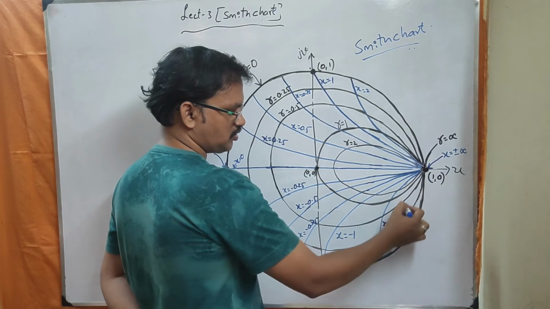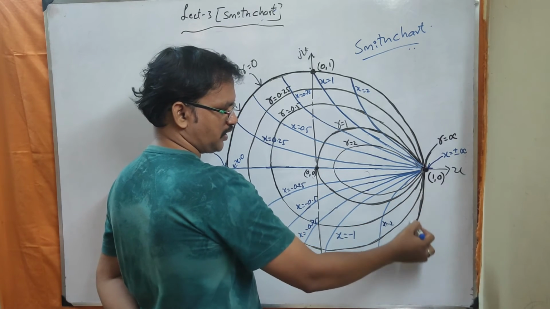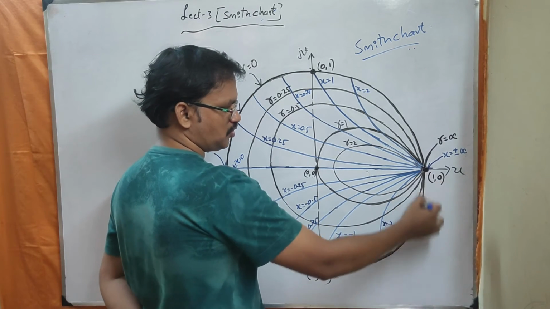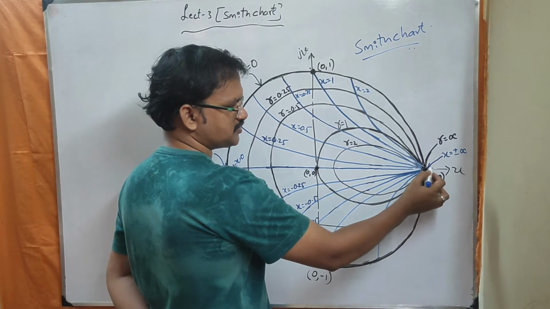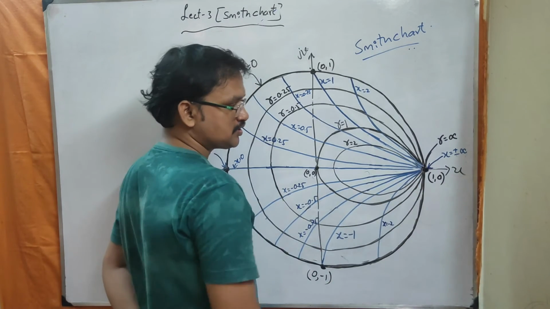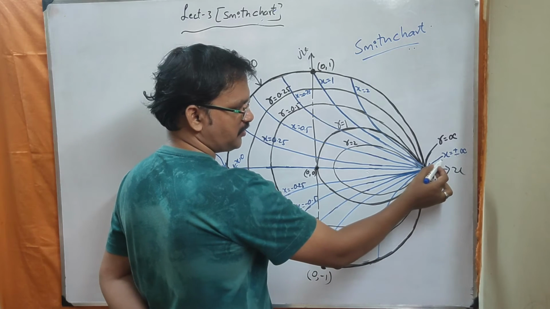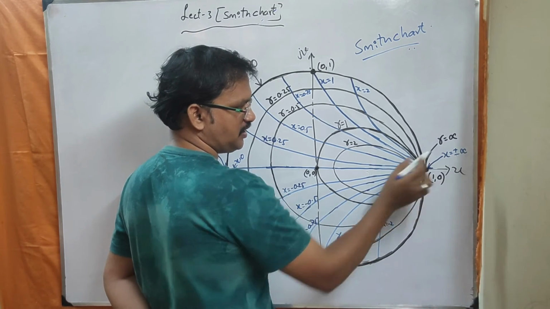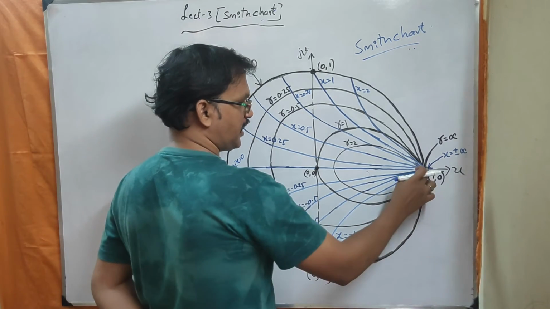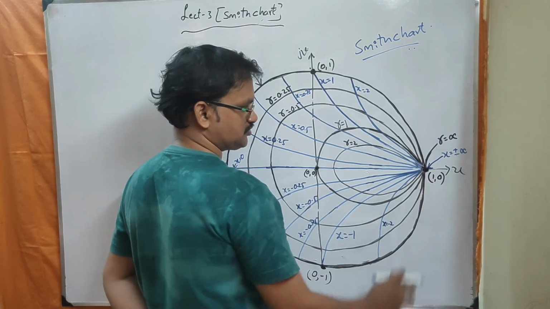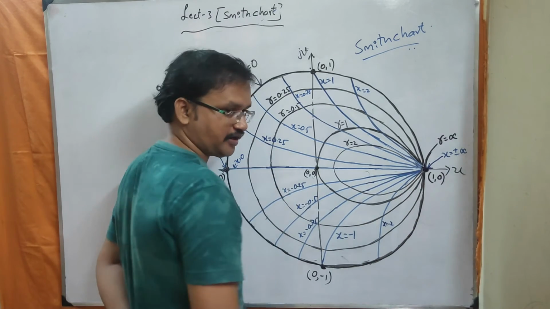Then you will get x equal to minus 3 circle, x equal to minus 4 circle, and so on, and it will go up to what? x equal to minus infinity. So at this location, x value can be what? Plus infinity, or it can be minus infinity. So it takes both positive and negative values, that is x equal to plus or minus infinity.